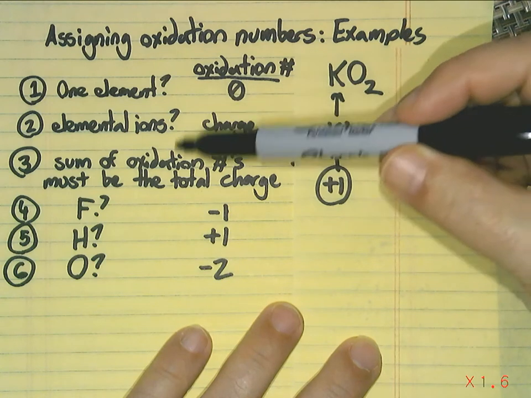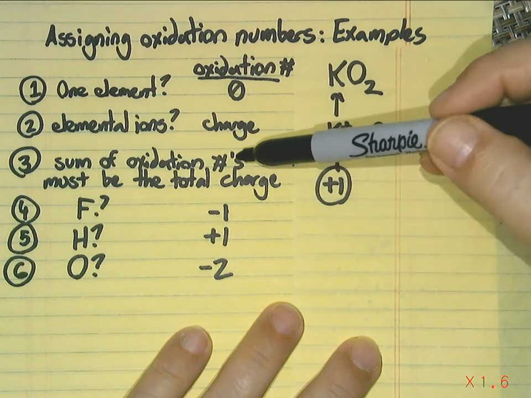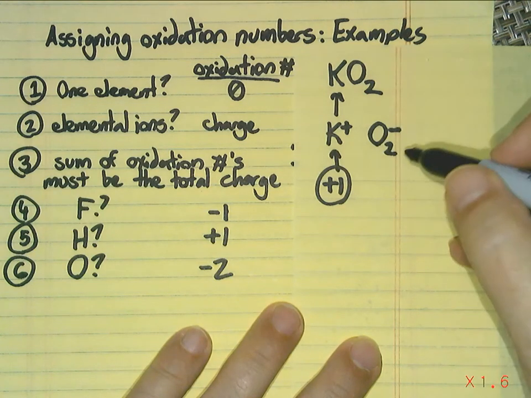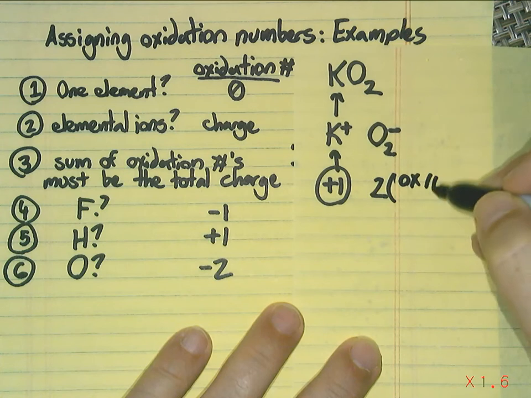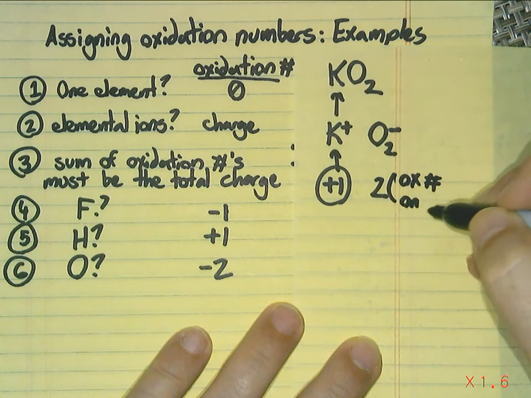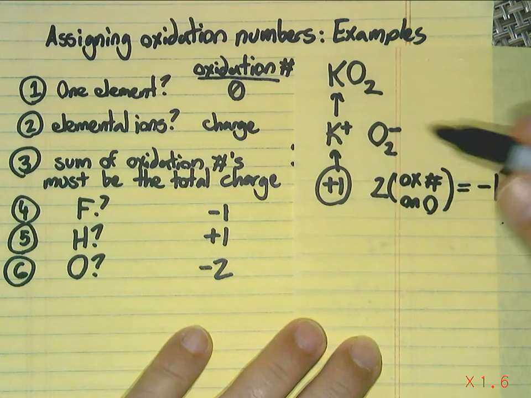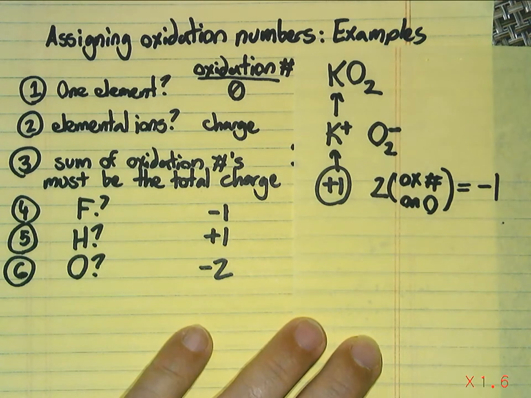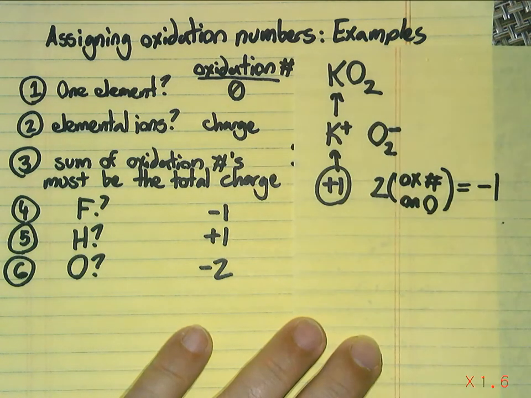Okay, if I apply rule 3 to just this piece, the sum of the oxidation numbers has to be the total charge. 2 times the oxidation number on the oxygen has to be equal to -1, because that's the total charge. And I don't have to go down any further.